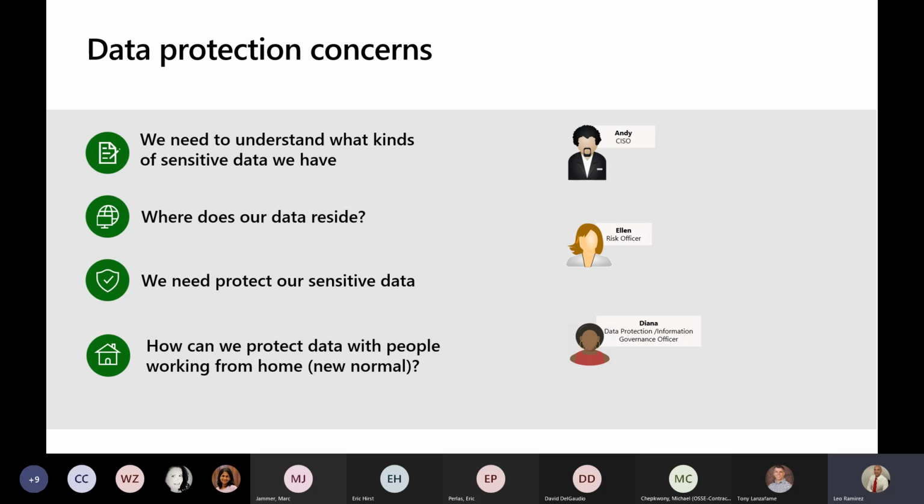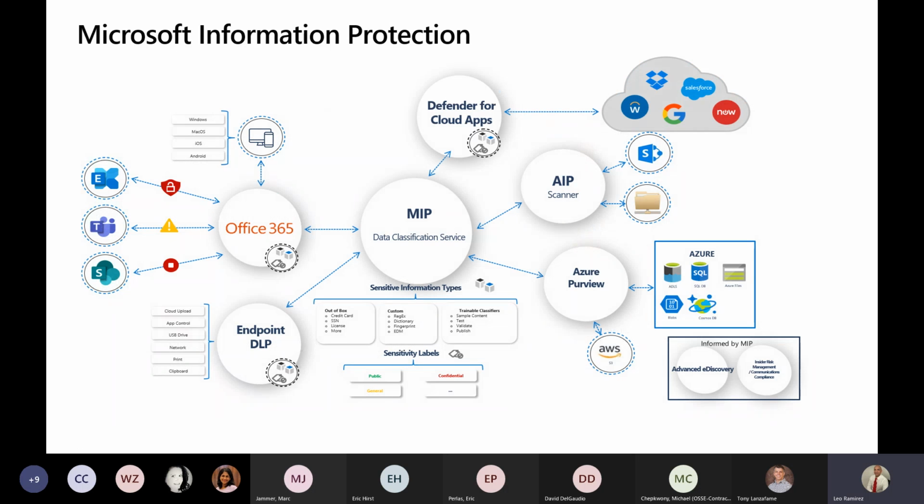Or a third-party application or repository? And then the most recent concern is how they are protecting that data with the new normal, people working from home. So if Andy, Ellen, and Diana can address these concerns, the battle for protecting their sensitive information is already won.